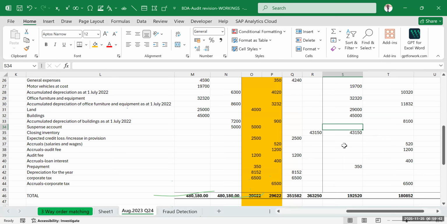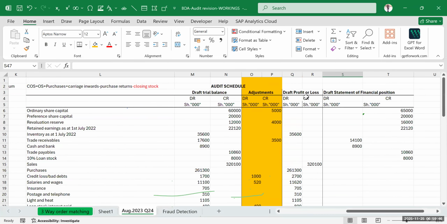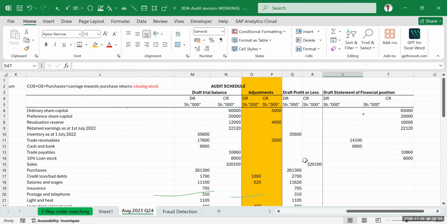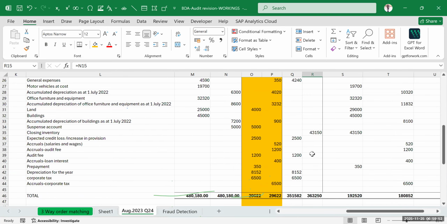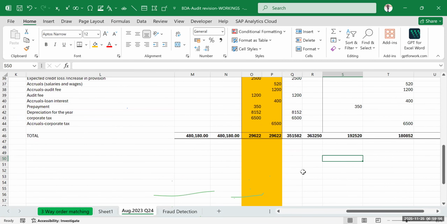Okay. All right. Now, at this point, in the statement of profit or loss, when you check the credits, that is the sales, you check on this closing inventory. Now we ask ourselves in the income statement, did we make a profit or a loss?